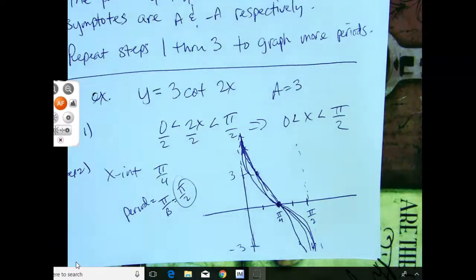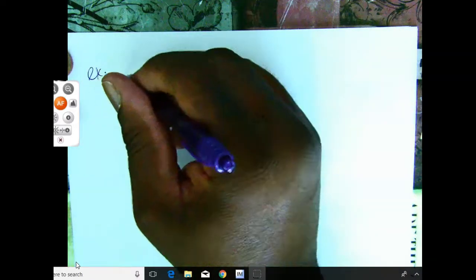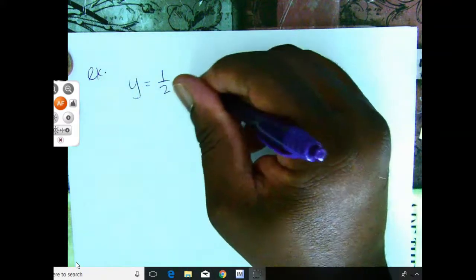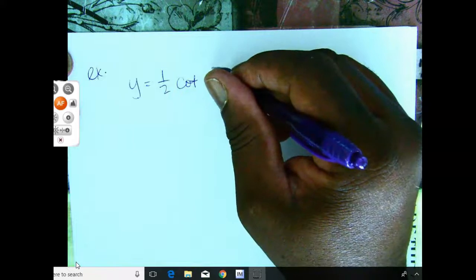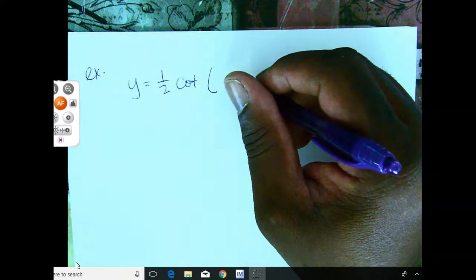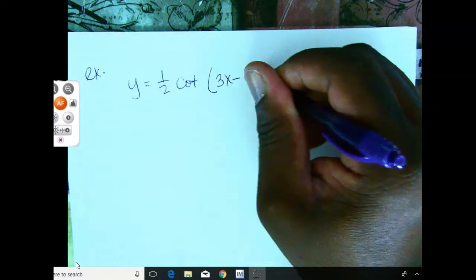Alright, let's take a look at one more example. Okay, one more example. Let's go y is equal to 1/2 cotangent of 3x minus pi.